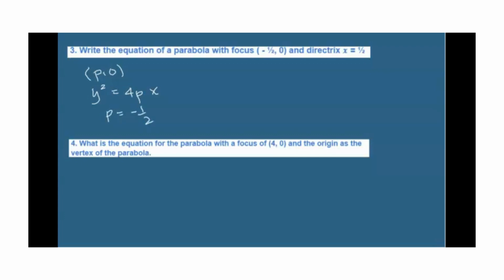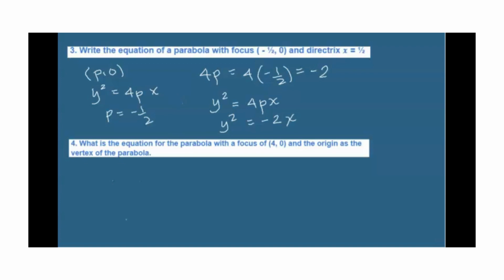Multiplying to get 4p, that would be 4 times -1/2 is equal to -2. So substituting that into the standard form, y squared is equal to 4px, so y squared is equal to -2x.